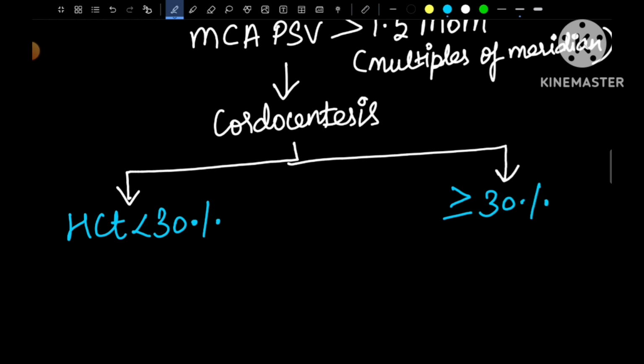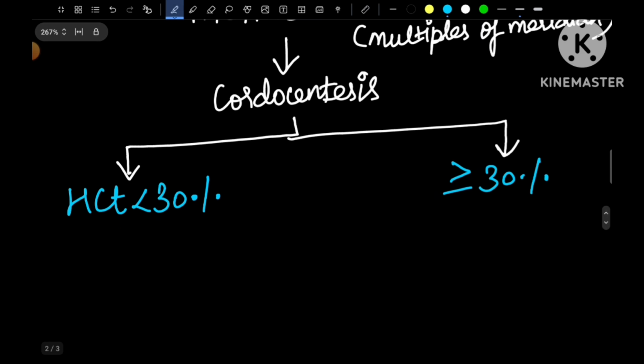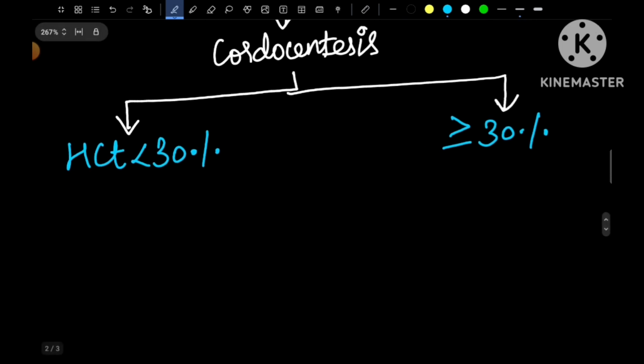Remember that more than or equal to goes on this side, because when it is exactly 30%, we do not know what to do. Just note these small things, they will be very useful.